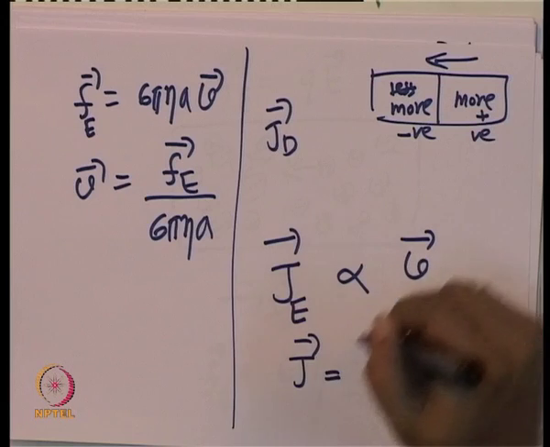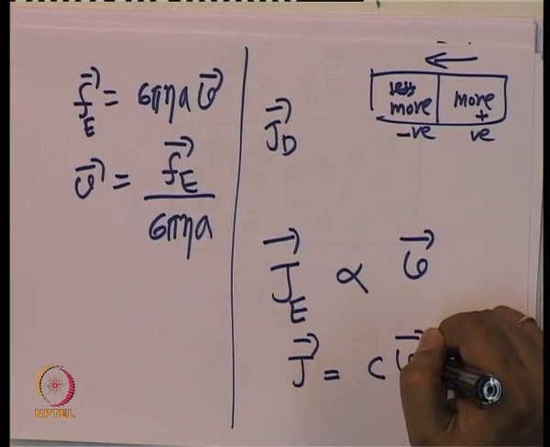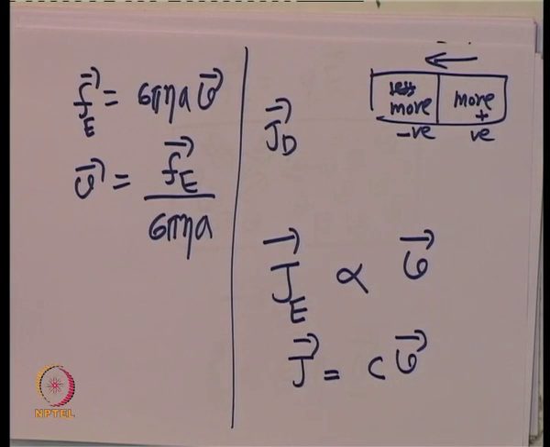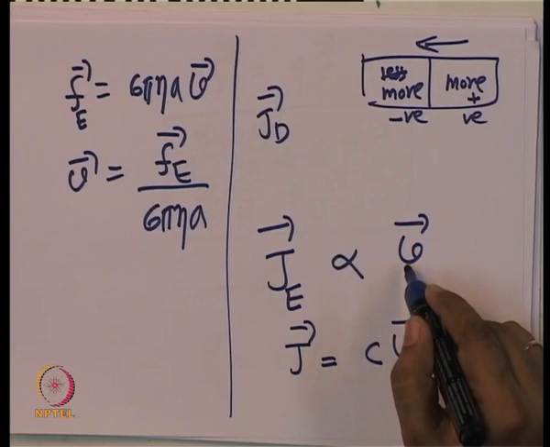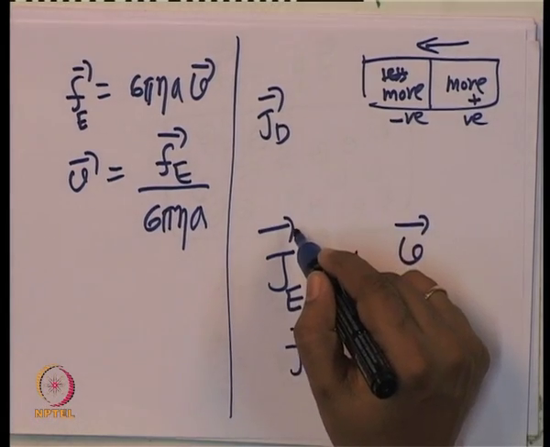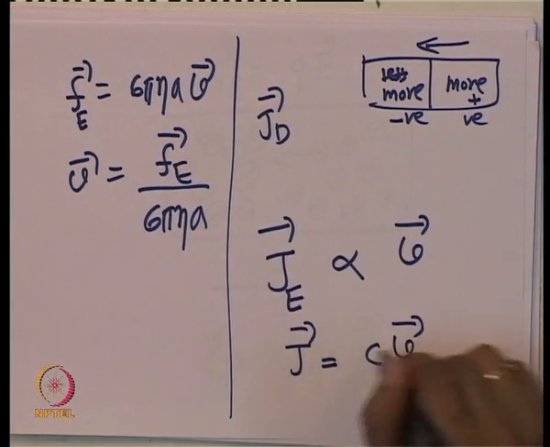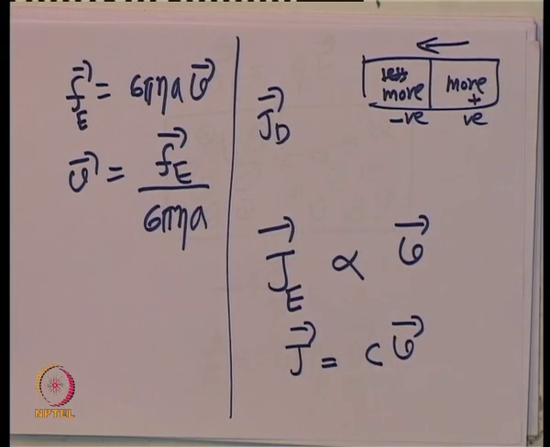At any point, the flow will be the concentration at that point times the velocity at that point. If you do not understand how the C is coming, just look at the dimensions of velocity and current J, and you will see that they are related by C V.